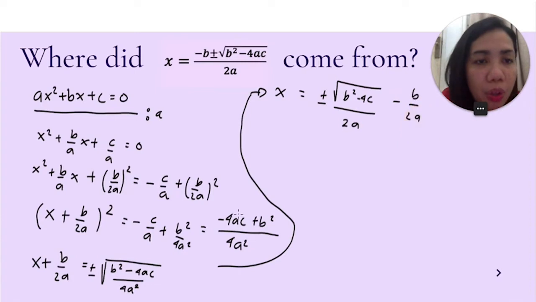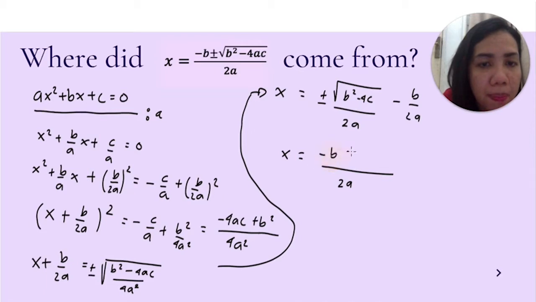One last step is I just need to put all of this into one fraction. That is easy because we already have the same denominator. So we can write 2a as the denominator, and in the numerator I'm going to put minus b first: minus b, plus and minus the square root of b squared minus 4ac.